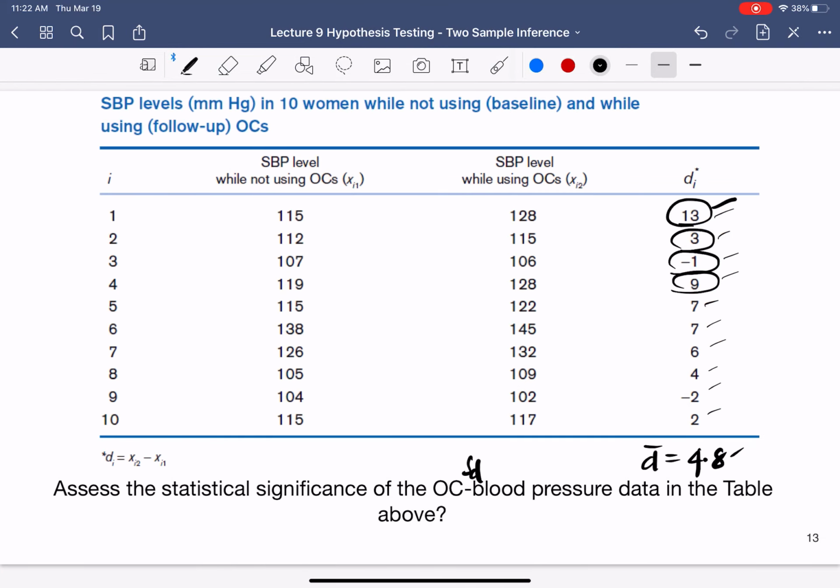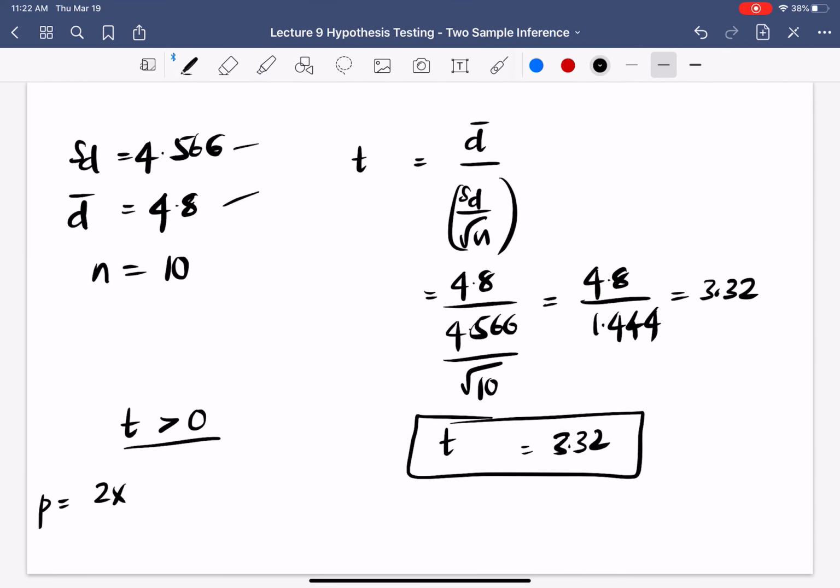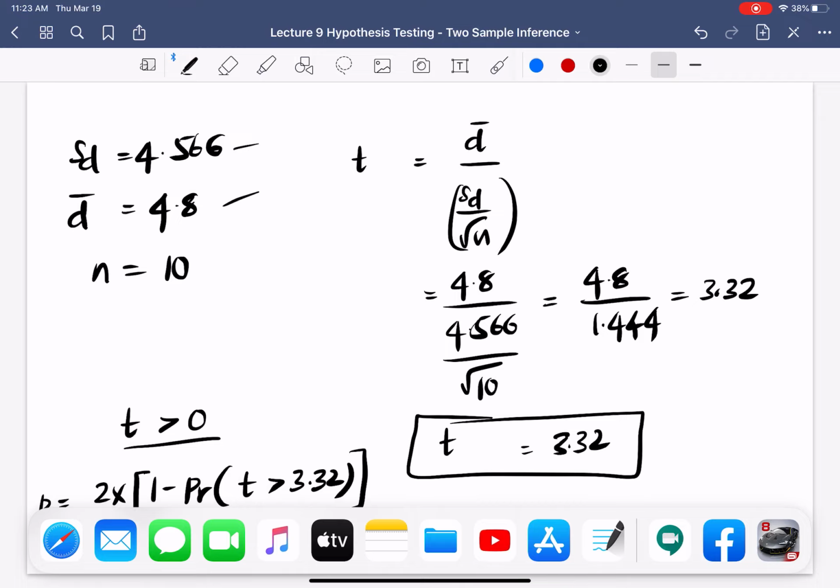So how to do that? 2 times of 1 minus the probability of T greater than 3.3. So now let's use the T table.